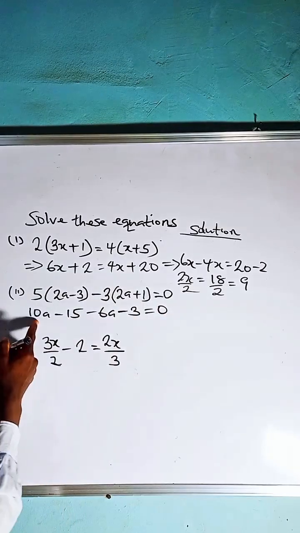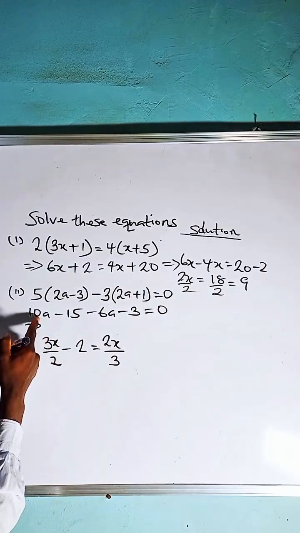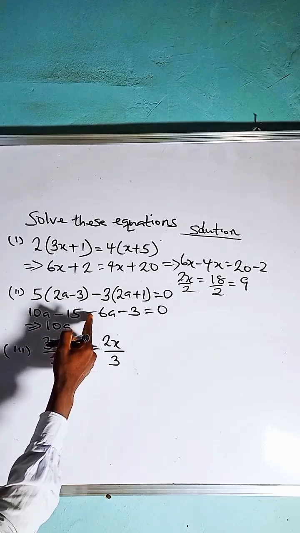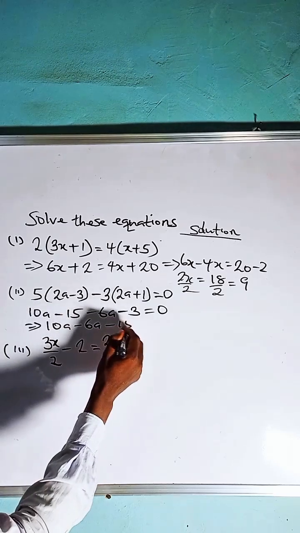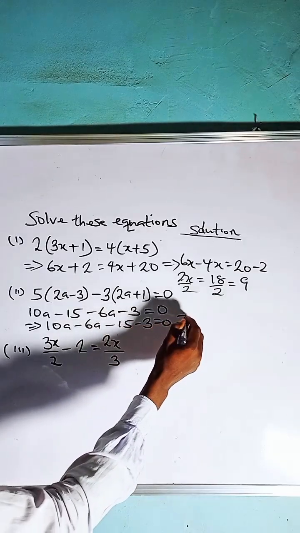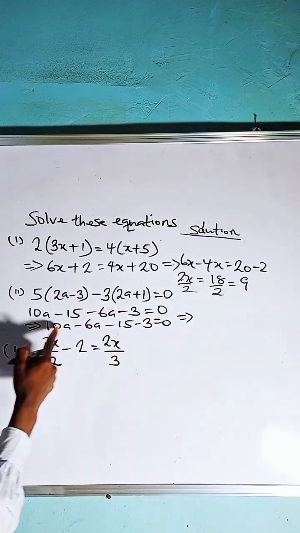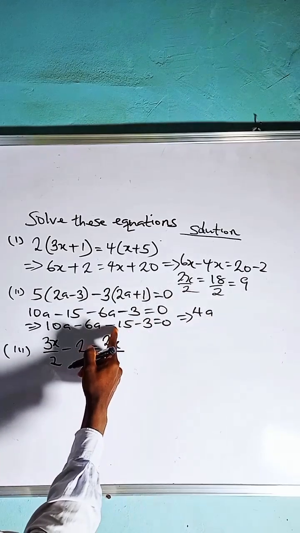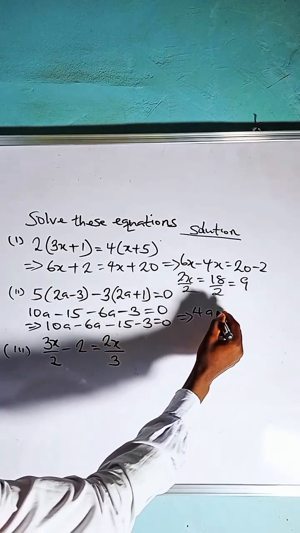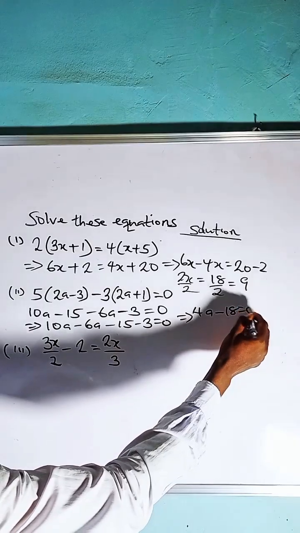Okay, so let us group this. So when we do that, we have 10a minus 6a, okay, minus 15 minus 3 equals 0, okay. So for 10a minus 6a, we have 4a, okay. Minus 15 minus 3, we have minus 18 equals 0.